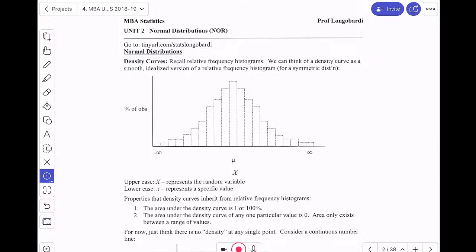And since this represents the percentage of observations, if you were to total the height of all the bars, you would have 100% of the data.